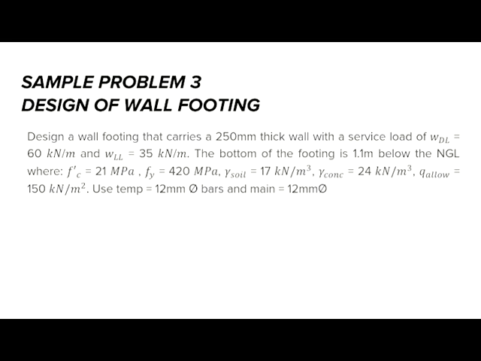So let's refer to our set of notes. If you look at our set of notes, most of our given loads are in kilonewton per meter, indicating that it's a uniformly distributed load.